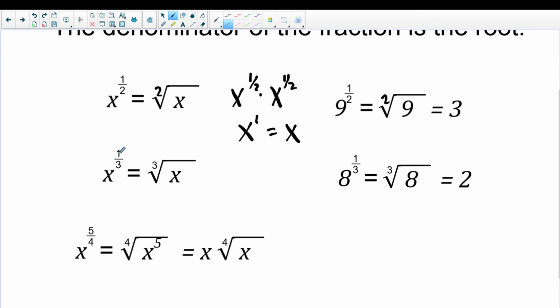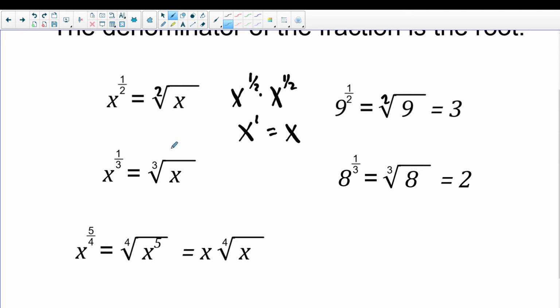Likewise, when we have a fraction with a different denominator, it just represents that root. So this is x to the 1/3 power. This is the third root, or the cube root of x. So this would mean I would multiply this cube root of x together 3 times in order to get x. So it'd be a number that I multiply together 3 times to get x.